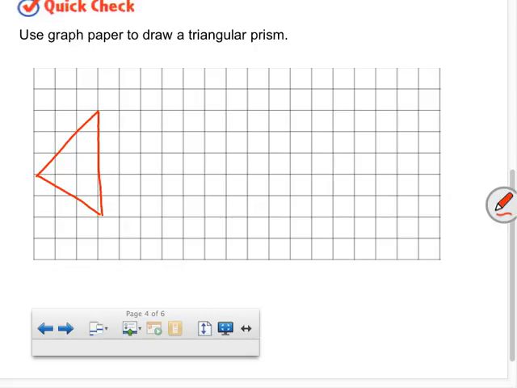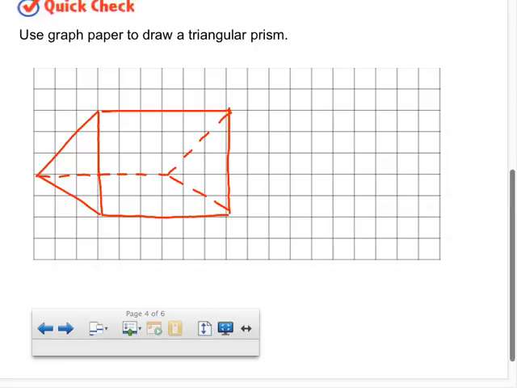How long do you want those side faces to be? I'm going to make them a length of 6. So 2, 4, 6. And then if I start over here, I got to do dotted because this is behind. That's 4. Okay. 2, 4, 6. And now this, I can't see this edge back here, so I'm going to dotted line that. And from here to here, dotted line. And then the face that I can see. Are we good? Yay.